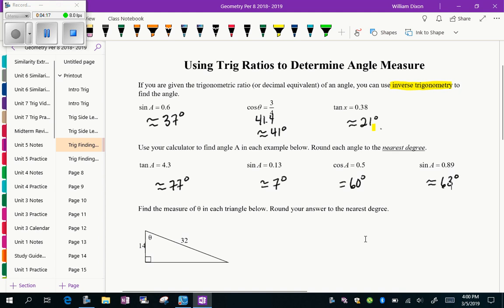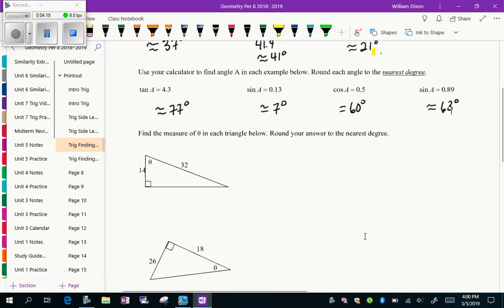Let's go down to our triangle. It says, find the measure of theta in each triangle below, round your answer to the nearest degree. Again, the strategy is the same. I'm going to highlight my angle, theta, and identify the different sides of the triangle according to that relationship. The side opposite is O. The side opposite the right angle is my hypotenuse.